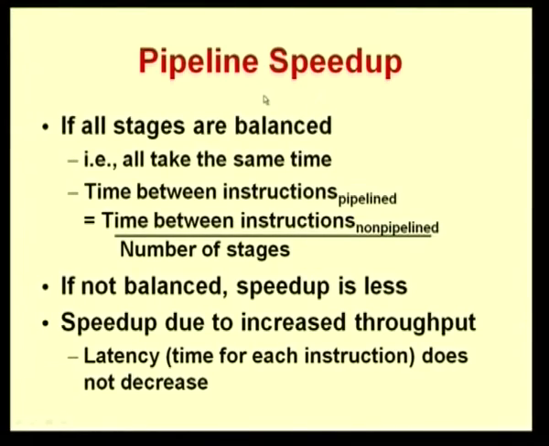So, now if you look at the speed up that you can get out of a pipelined execution. Okay. If all stages are balanced, what do you mean by balanced? What we are saying here is that all of them take the same amount of time.